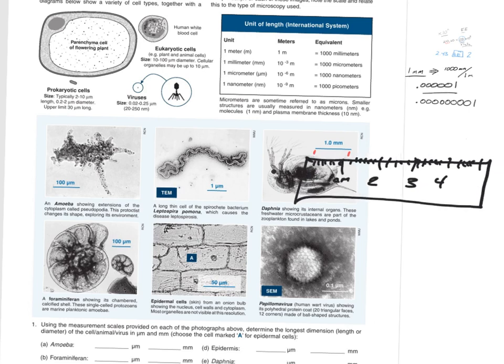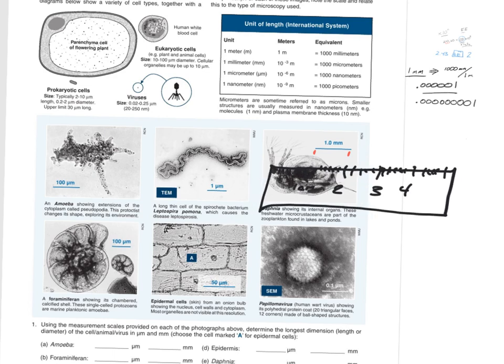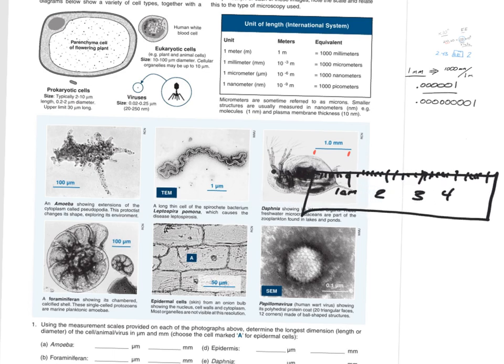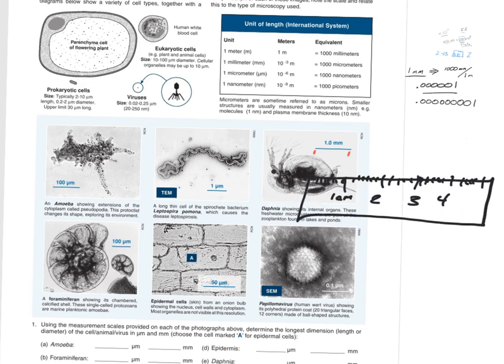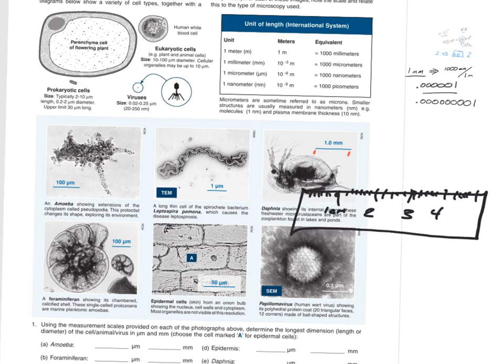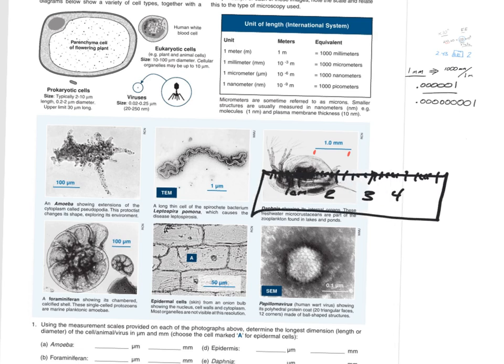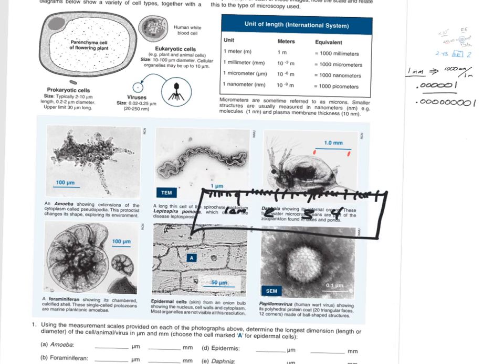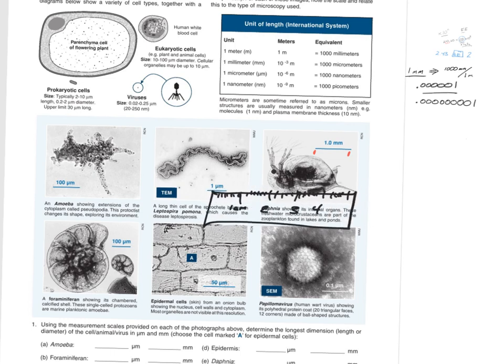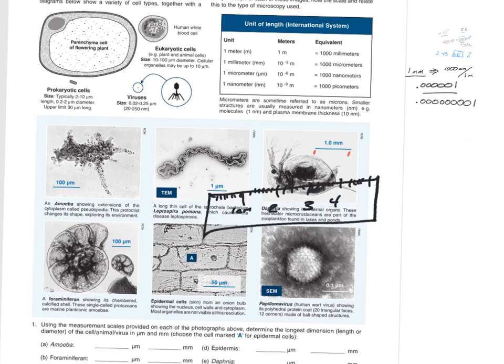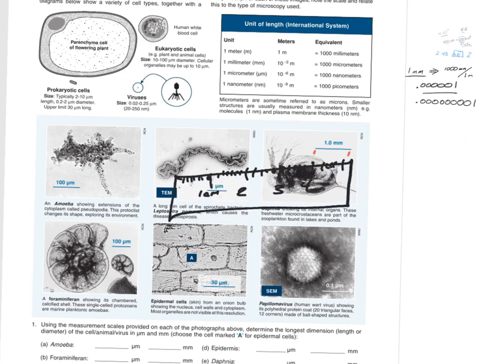So how big is this Daphnia? 1 and a half, maybe 1 and 3/4, whatever, right? Millimeters. Now I come over here and I line it up with this little thing here. And about half of this distance is a micrometer. So how long is this thing? Well, let's move it and find out.